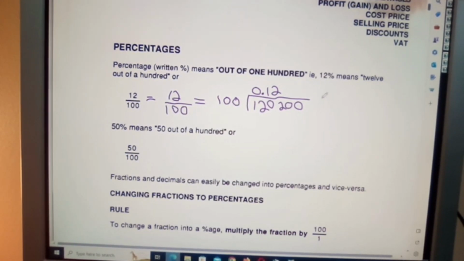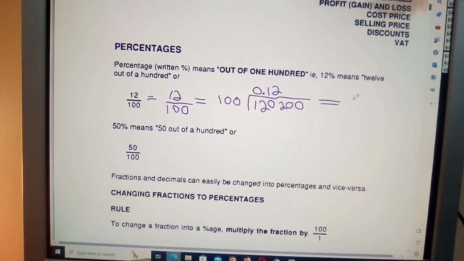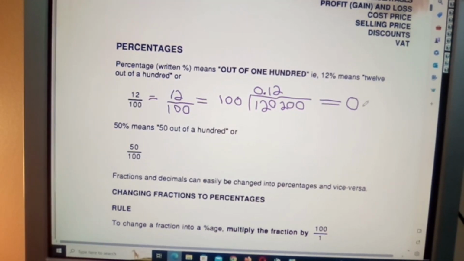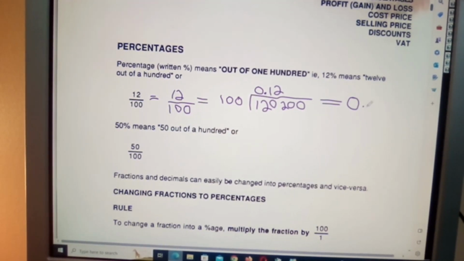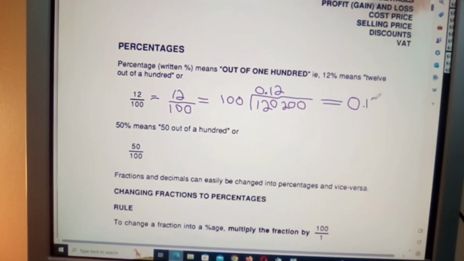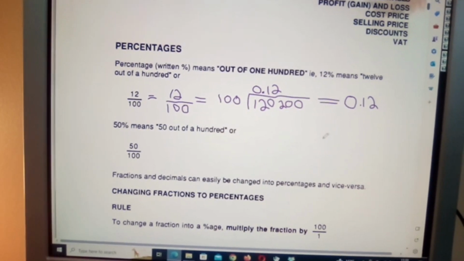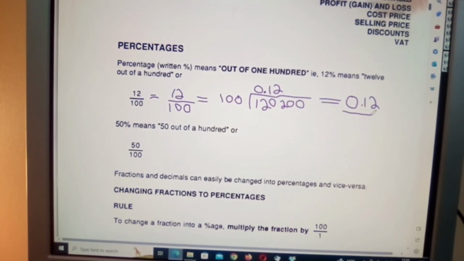And the answer equals 0.12. Okay, and that is your answer.